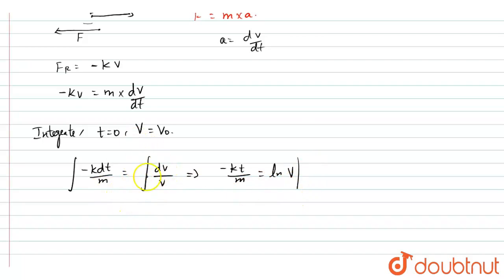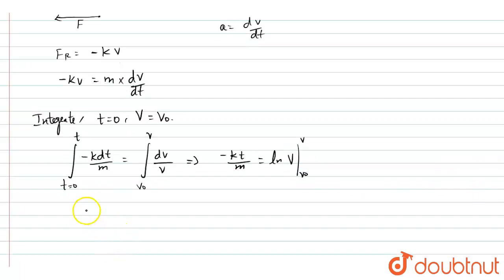Here I am going to put the range values. Velocity goes from the starting value v0 to v, and time goes from 0 to t. If I substitute the range values, we will get minus kt divided by m equals log of v by v0.